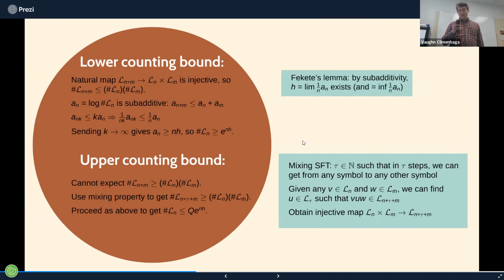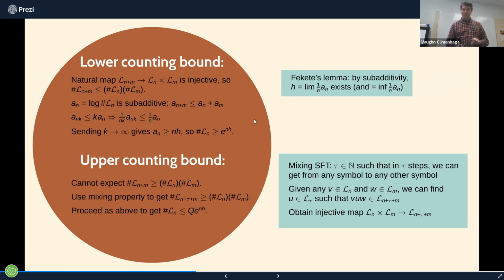So let me explain the general principle behind getting the uniform counting bounds via the specification approach, which is going to lead me to actually define the thing that this talk is supposed to be about, only a little over 2/3 of the way through it. So the first half of this is exactly what I mentioned when I explained why the topological entropy exists.